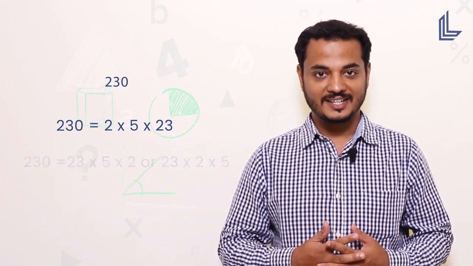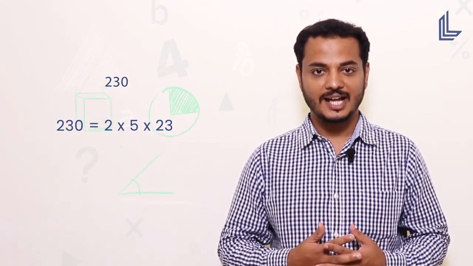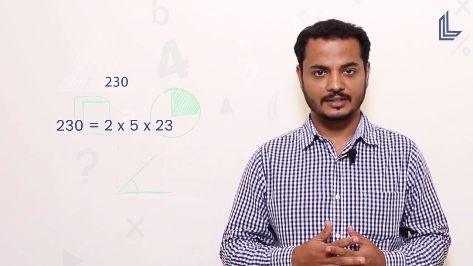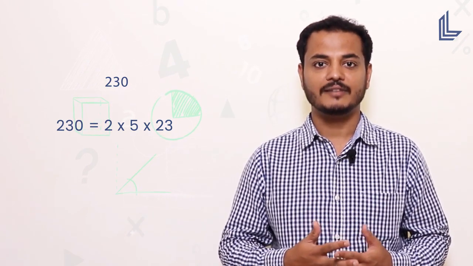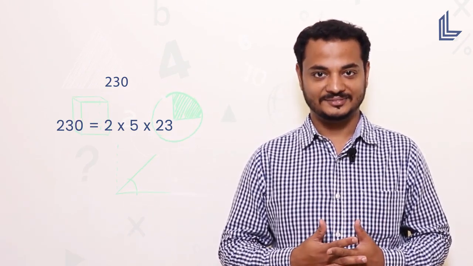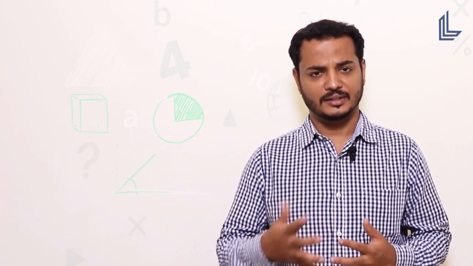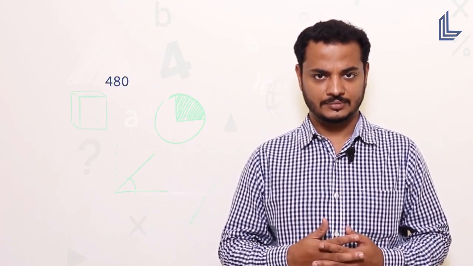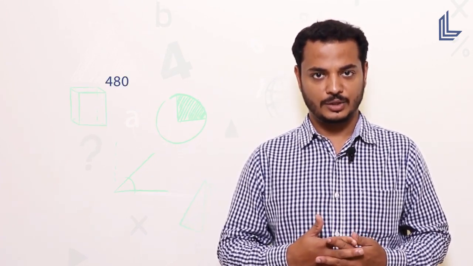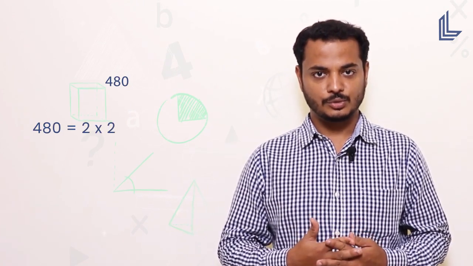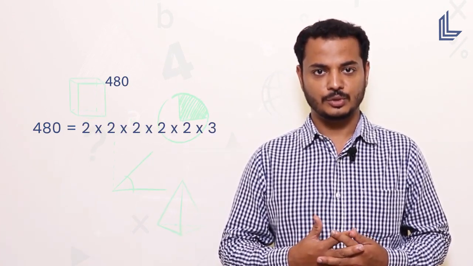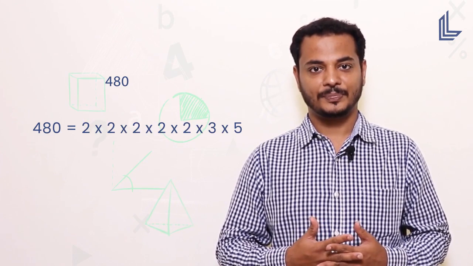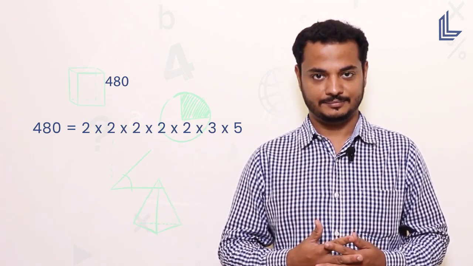The question really is, can you express 230 as product of any other prime factors apart from 2, 5 and 23? Not really. Now consider any other number. Let's say 480. Now 480 can be broken down into 2 into 2 into 2 into 2 into 2 into 3 into 5.